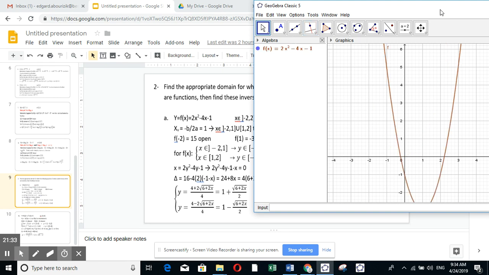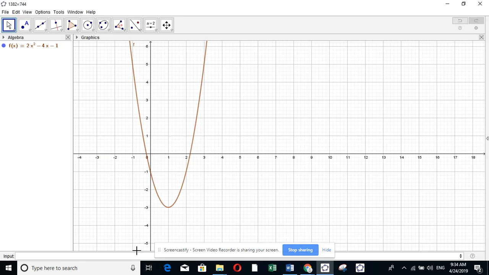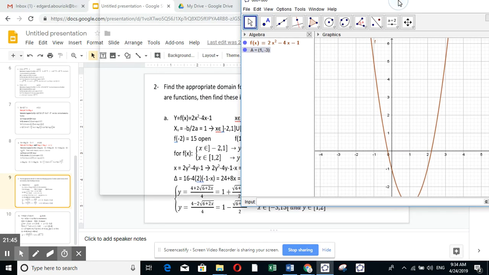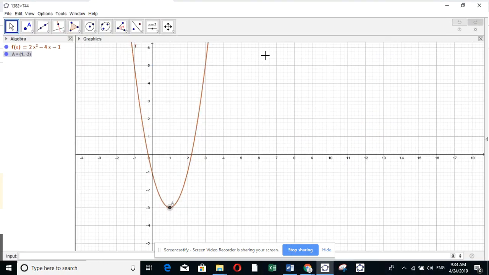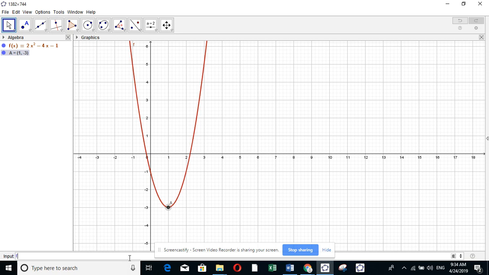This is the parabola that I have, and here is the vertex, the extremum in GeoGebra of polynomial f. The domain that they gave me is from minus 2 till 2, so I have function f from minus 2 till 2.